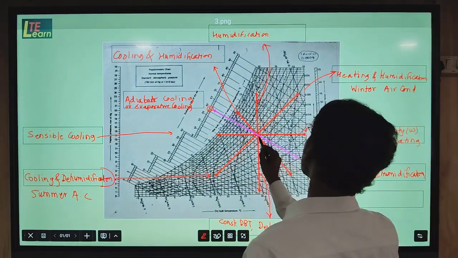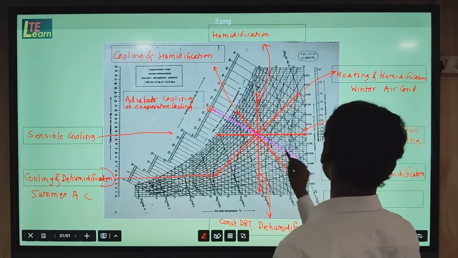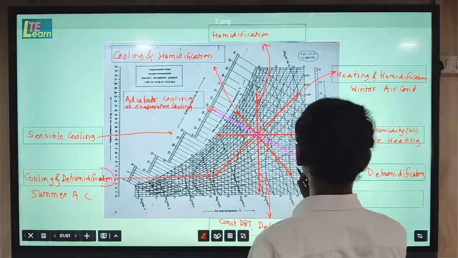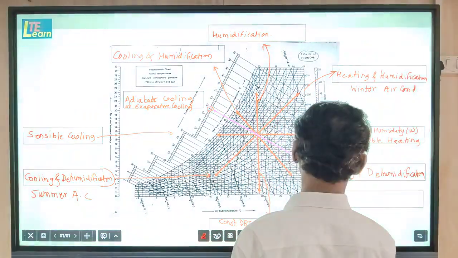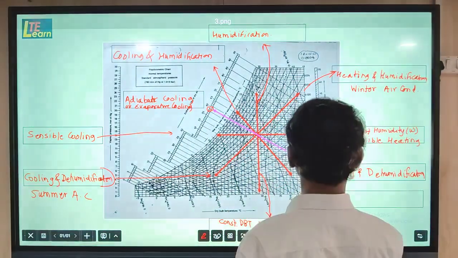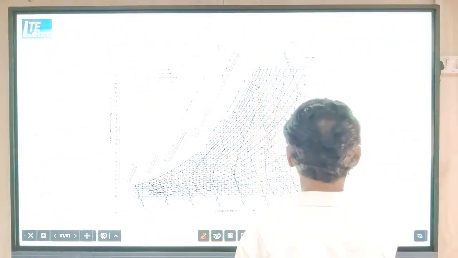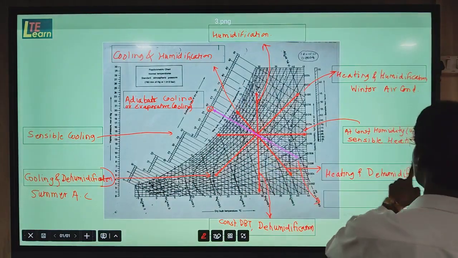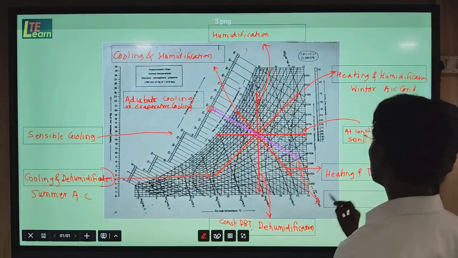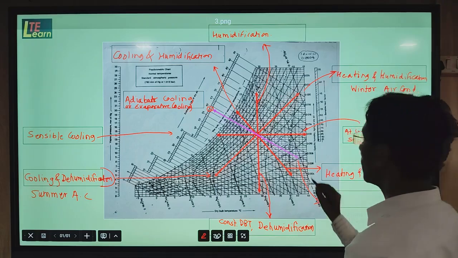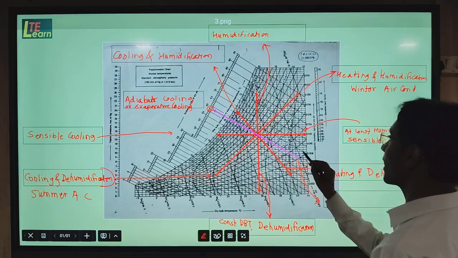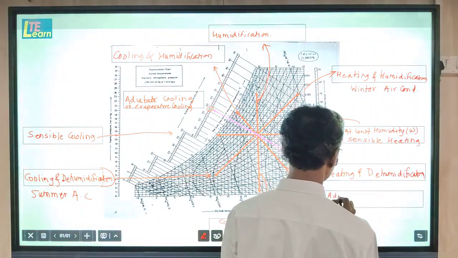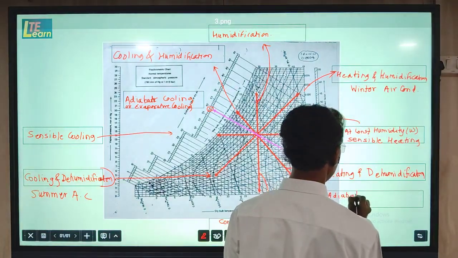Vice versa, on the opposite side, the process which is taking place in the opposite direction. This is heating and dehumidification, and this color. So this will be dehumidification, but at constant enthalpy. This process is also called adiabatic dehumidification.